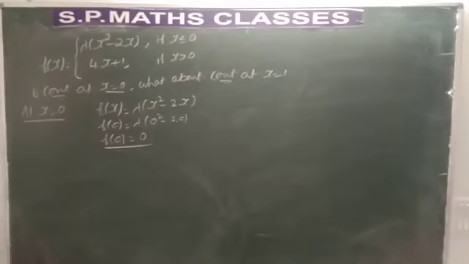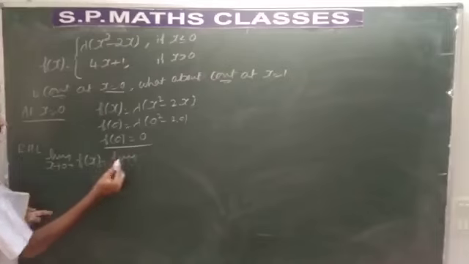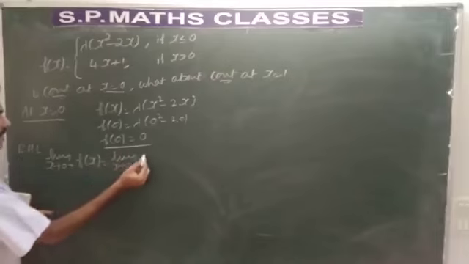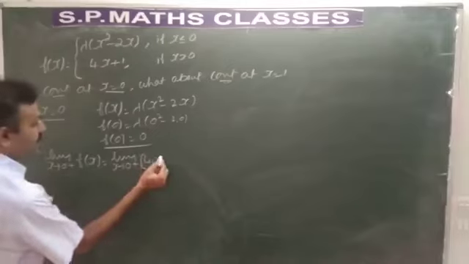Now, let us take the right hand limit. What is right hand limit? Limit as x tends to 0 plus f of x. Limit as x tends to 0 plus, greater than 0, which is the function defined for greater than 0. So for greater than 0, the function defined is 4x plus 1.